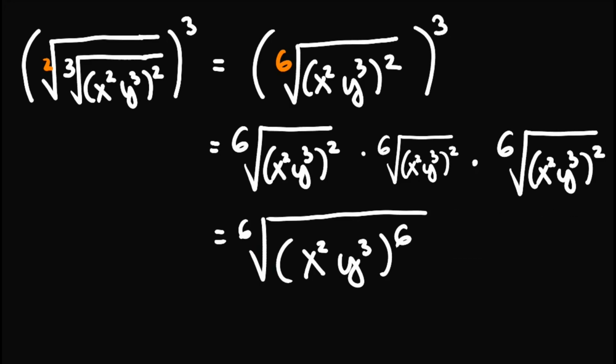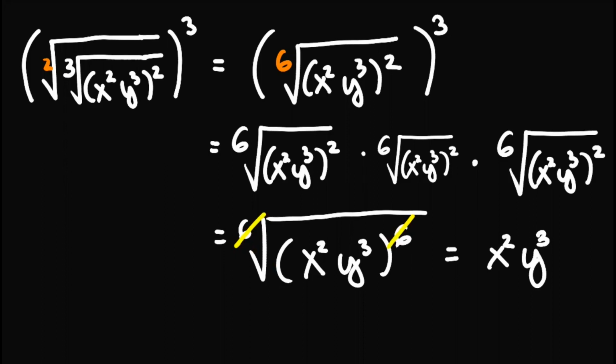And now it might seem clearer already since we have the same index and the same exponent out here. So by the first law of radicals, we can cancel that one out. And this one will simply be equal to x squared y cubed.